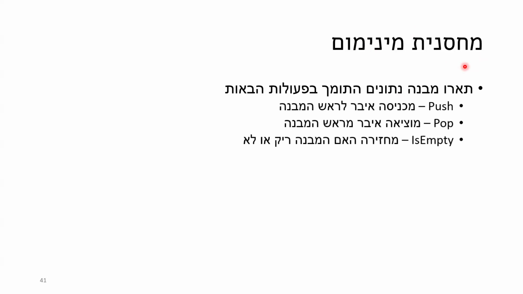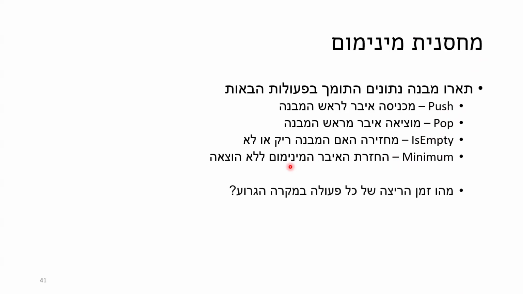Okay, so now we want a new data structure. This was actually in the homework. Describe a data structure that supports the following operations: push, pop, is empty, like a regular stack, but we also want minimum, getting the minimum element in the stack without taking it out of our data structure.